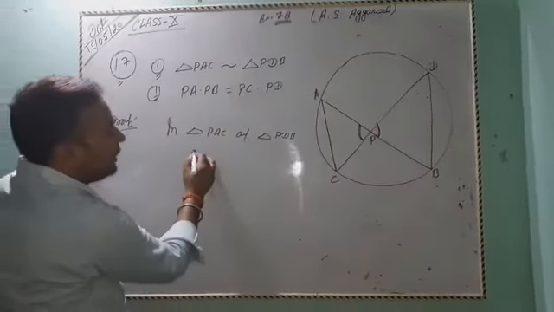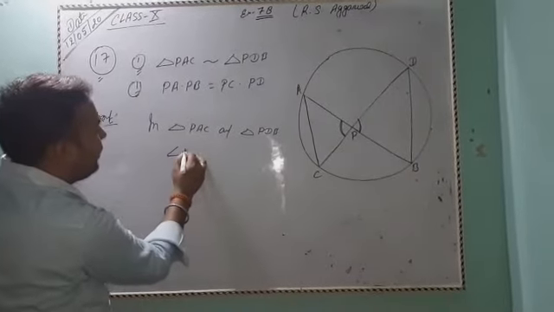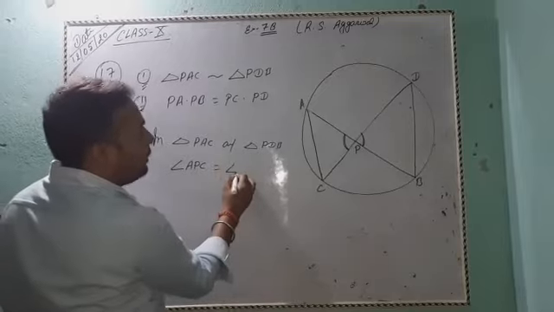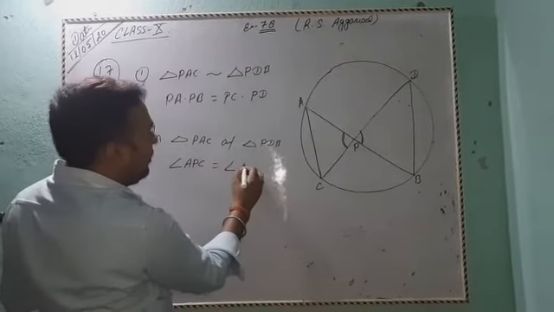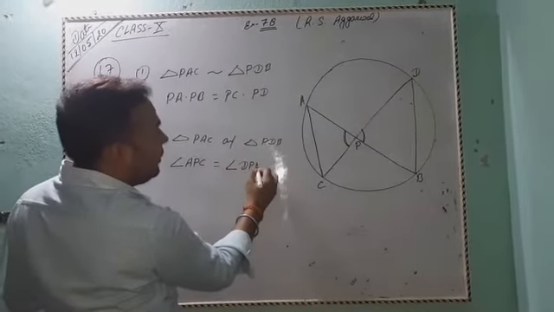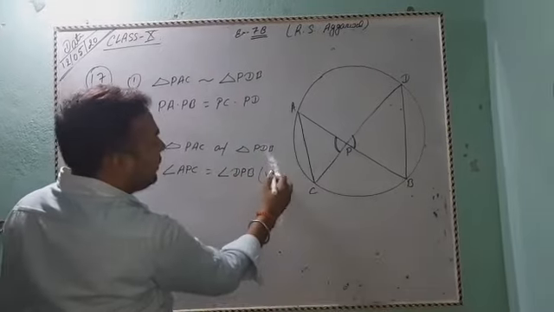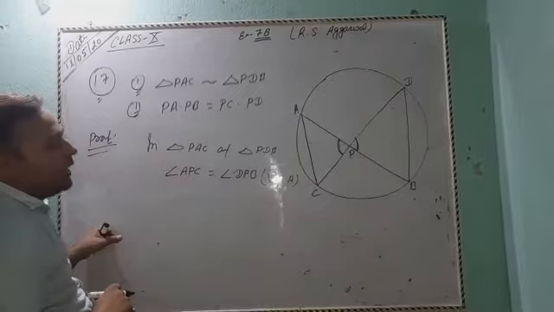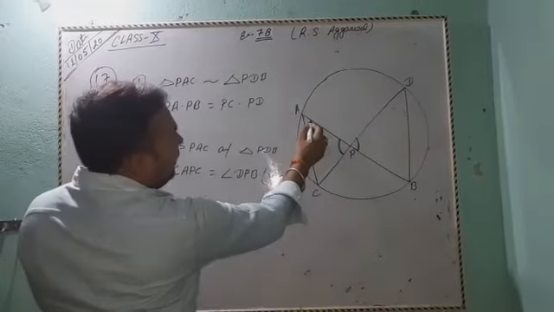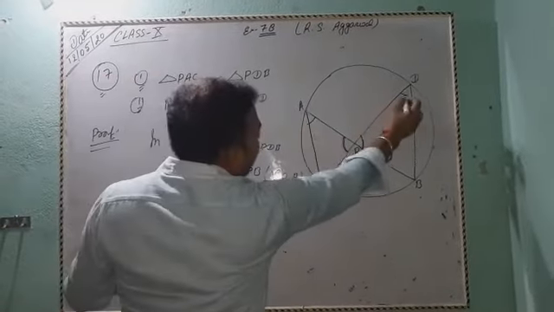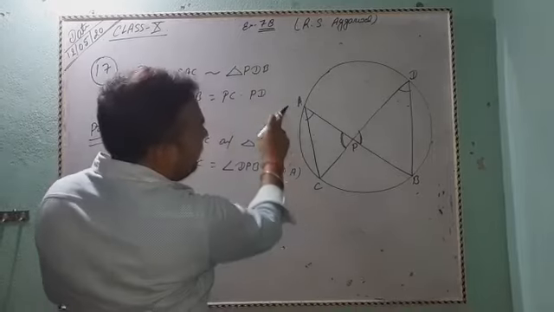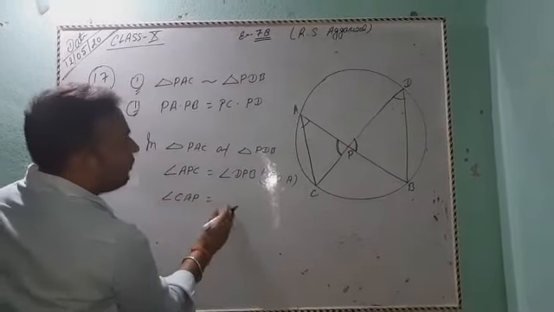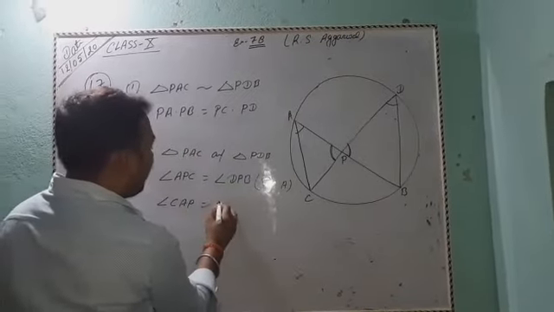We write the angle APC equal to angle DPB, vertically opposite angles. Okay. And angle CAP equal to angle BDP.